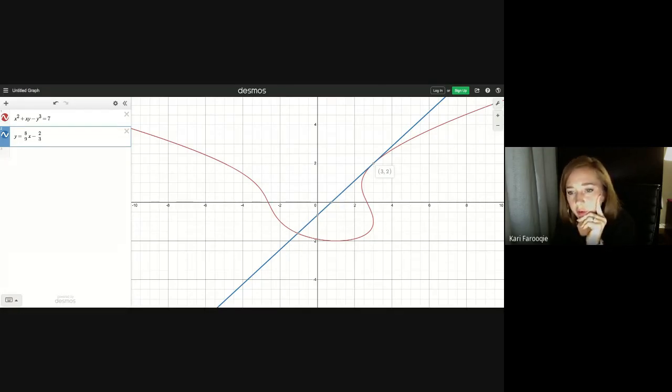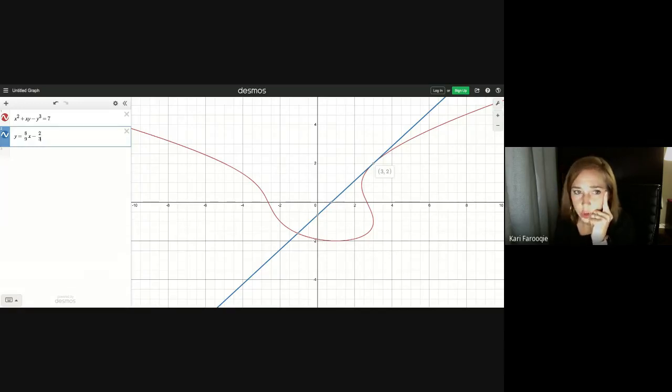If you hover over the point 3, 2, it'll highlight that for you, and you can see how y equals 8/9 x minus 2/3 is tangent to the graph at this point. Now, of course, it runs through the graph. Also, it intersects the graph down here. It doesn't matter. All we care about is the equation of the tangent line at the point 3, 2. So that's what you're seeing here.